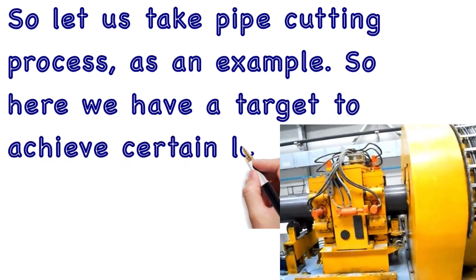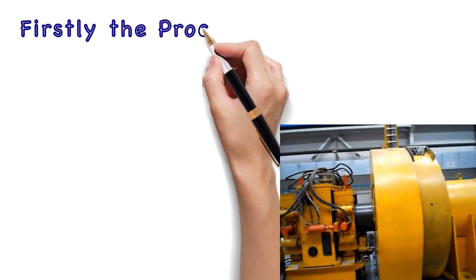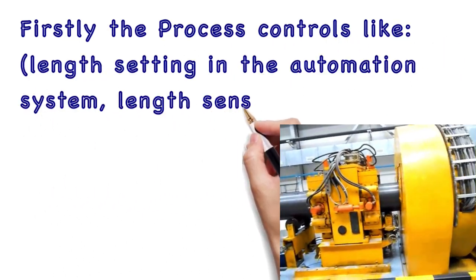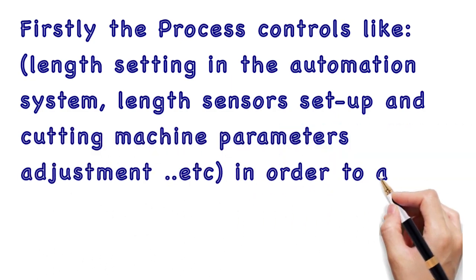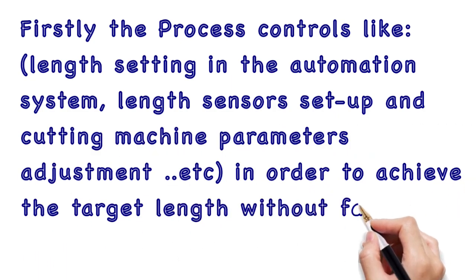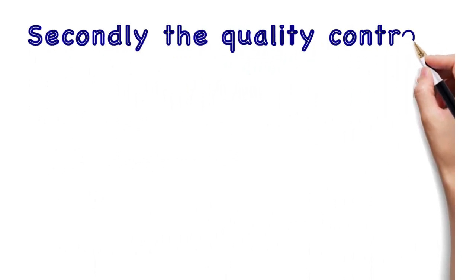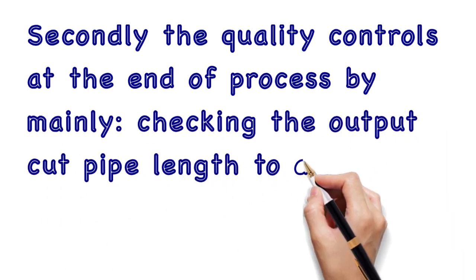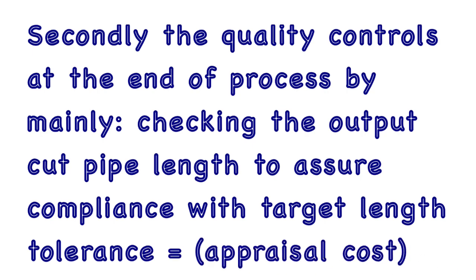Hence, during the quality planning stage of this process, we define the following controls. Firstly, the process controls like length setting in the automation system, length sensor setup, cutting machine parameter adjustments, etc., in order to achieve the target length without failure, which is prevention cost. And secondly, the quality controls at the end of the process, mainly checking the output pipe length to assure compliance with the target length tolerance, which is appraisal cost.